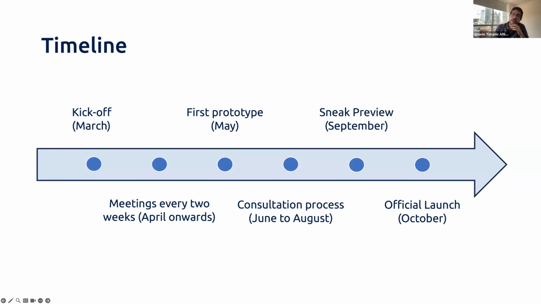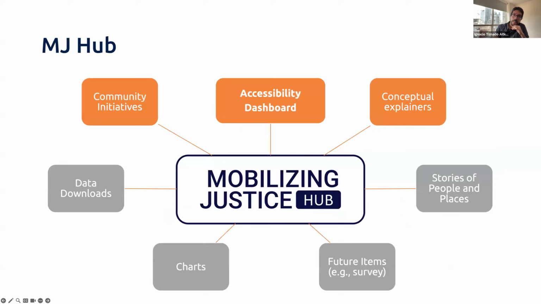One thing that is important to highlight in this timeline is that it is particularly focused on the dashboard development, but this interactive tool is part of a broader initiative that John already mentioned, called the Mobilizing Justice Hub. The Mobilizing Justice Hub is an online space that tries to bring together valuable resources for a variety of different users. We aim to have a space where you can find interactive tools, conceptual explainers, different kinds of analysis, open data, and other resources.